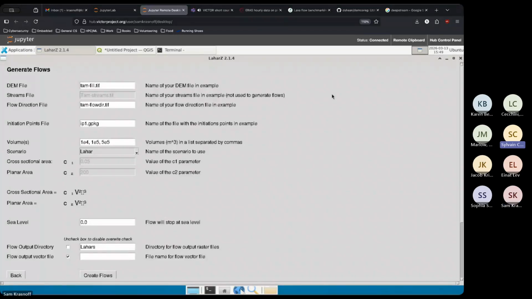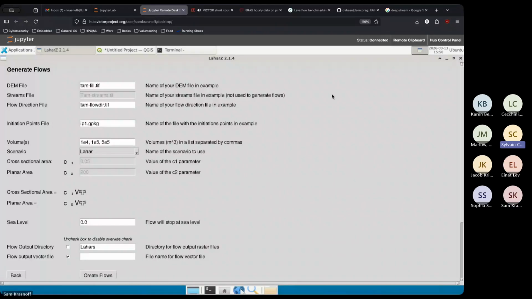I think that's the main advantage of using a statistical model like Lahars, that the setup for the simulations is pretty quick, especially now that we have this new way of using the energy cone to actually set up the initiation points around the volcano.